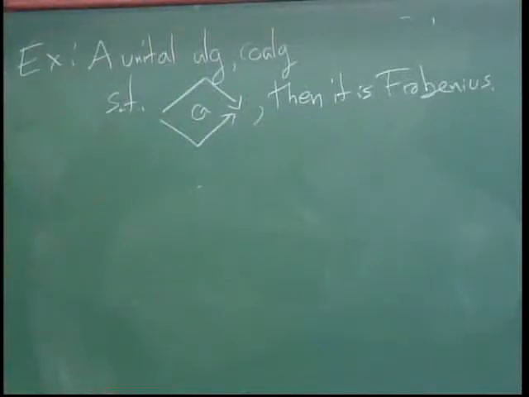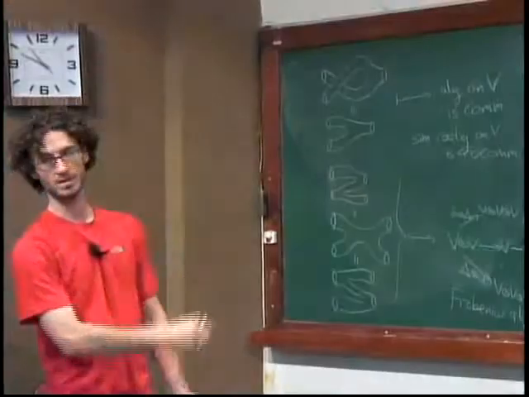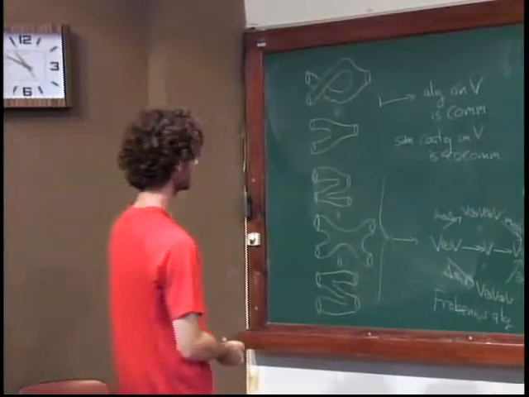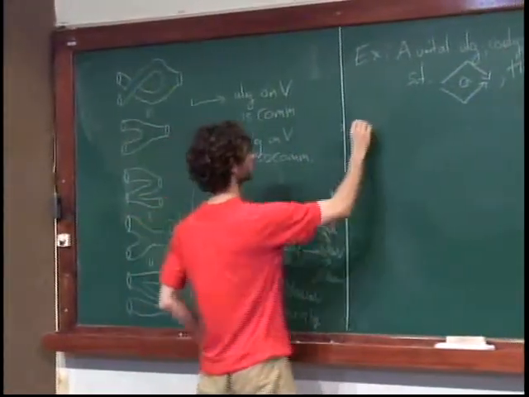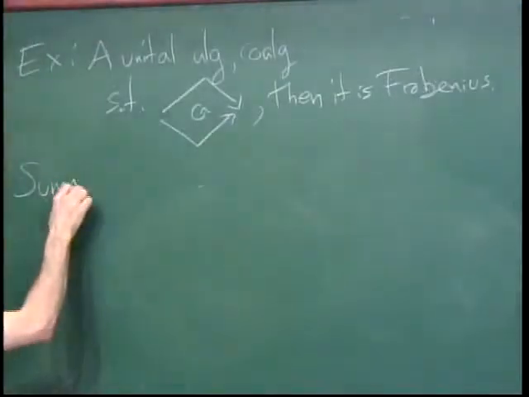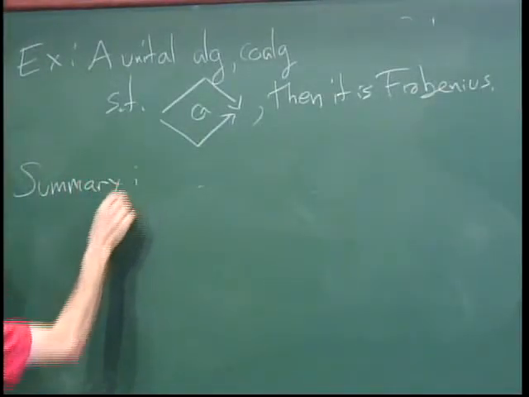Okay, so where are we? We've seen that if we have a two-dimensional TFT, then the image of the circle is some vector space that has the structure of a Frobenius algebra. Maybe I'll write this down as a summary as I did before.